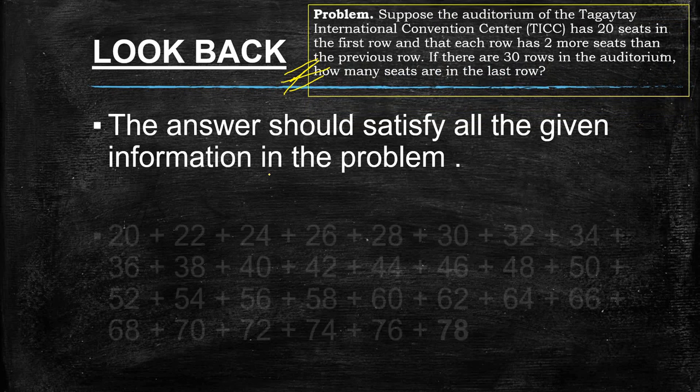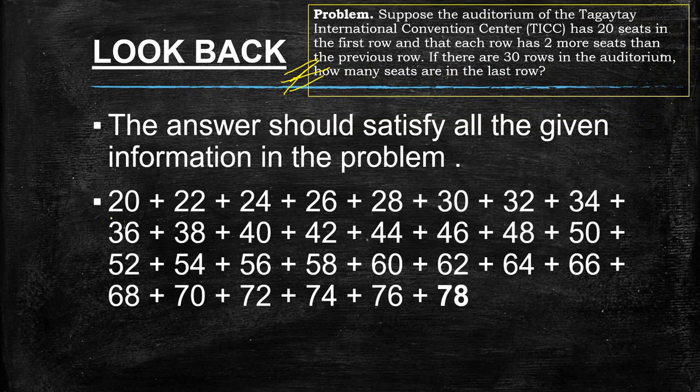So here, ayan. So if you're going to enumerate or list down all the number of seats per row, ito yung lalabas. Ayan. So we have here 20 as the first row, so it has 20 seats.